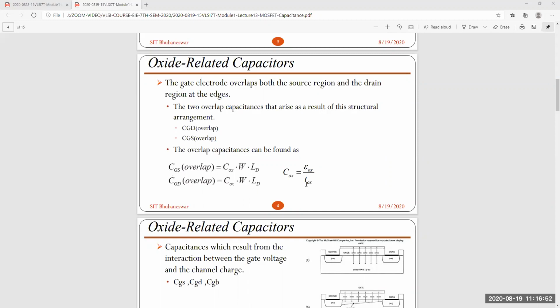Sir, is the overlapping beneficial for the MOSFET? Not beneficial, but we have no control over the fabrication.